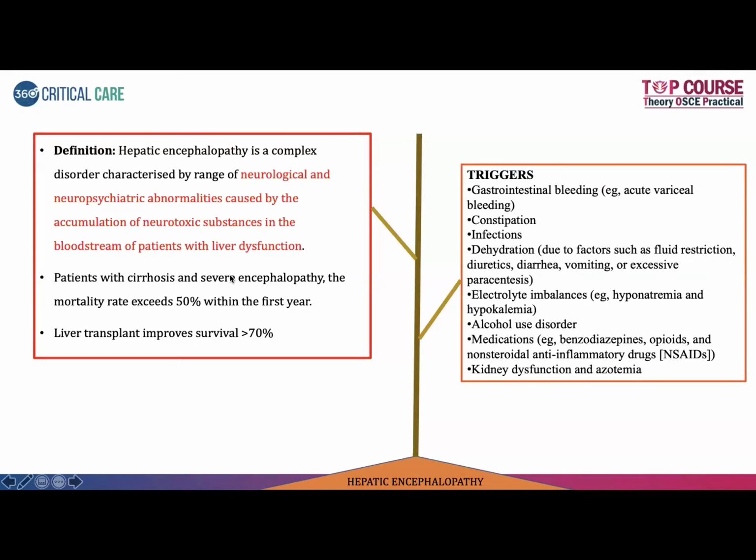So no response after volume expansion, withholding diuretics, and volume expansion with albumin, that is 1 gram per kg per day for 48 hours. Then absence of shock, no current or recent use of nephrotoxic agents like NSAIDs, and absence of parenchymal kidney disease, like no proteinuria, no hematuria, proteinuria defined as more than 500 milligrams per day, and no hematuria, more than 50 RBCs per high-power field, normal kidney ultrasound.